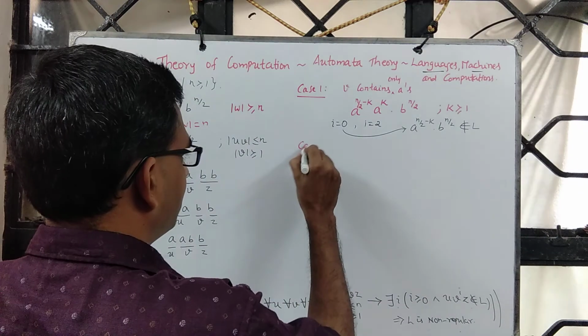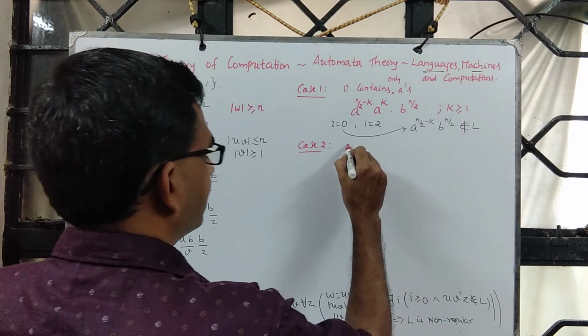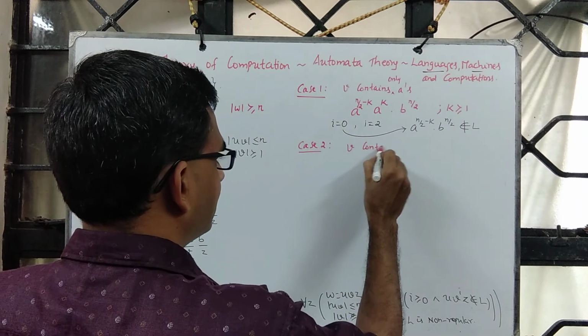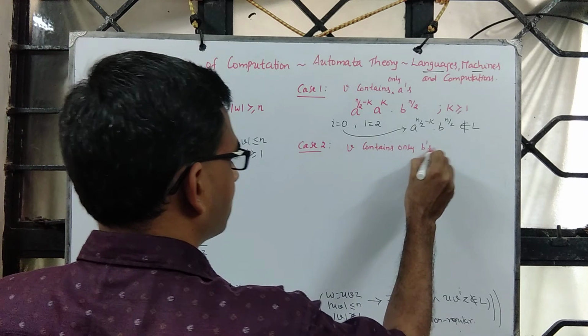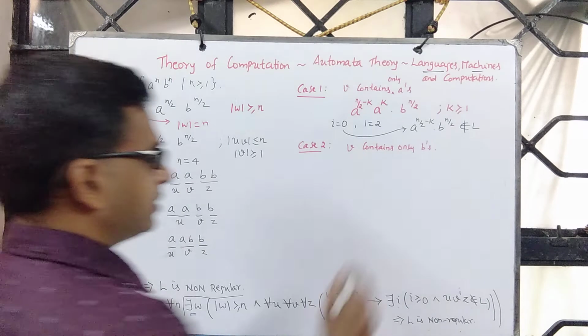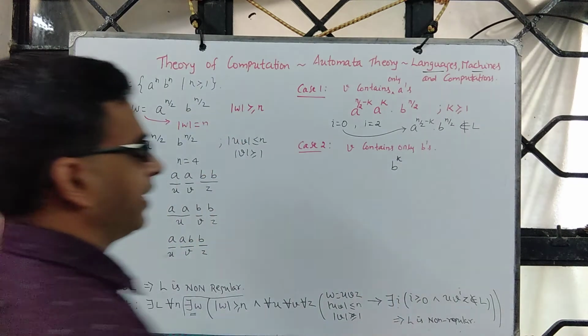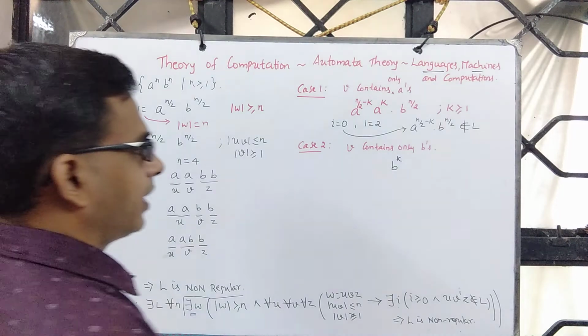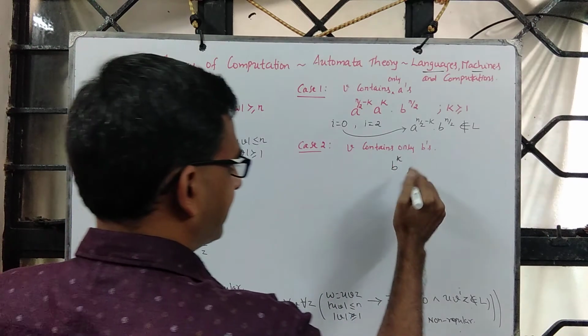On a similar line, look at case 2. In this case, v contains only b's, which means you get something like b power k, and to its left it is u, to its right it is z.